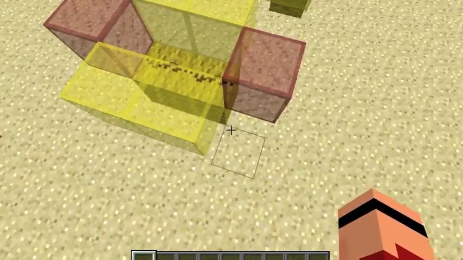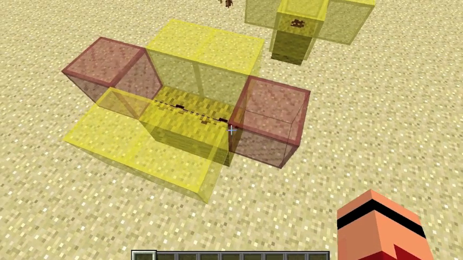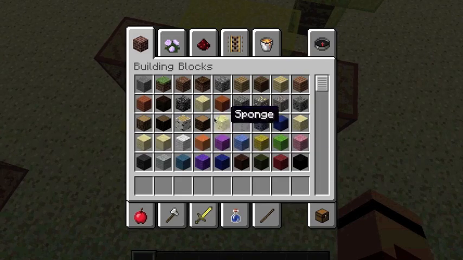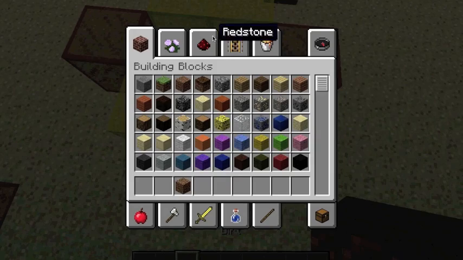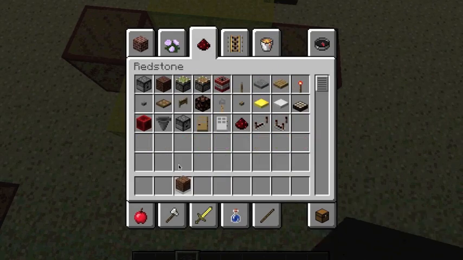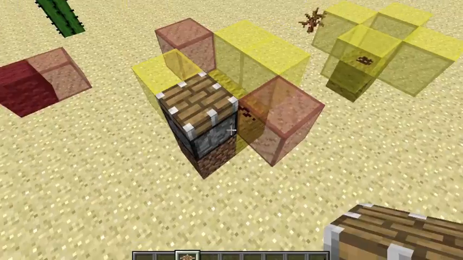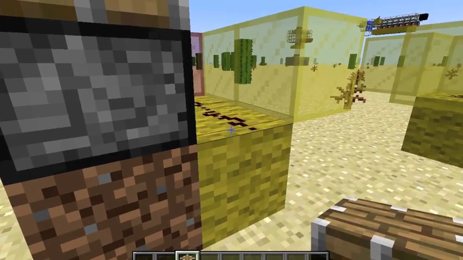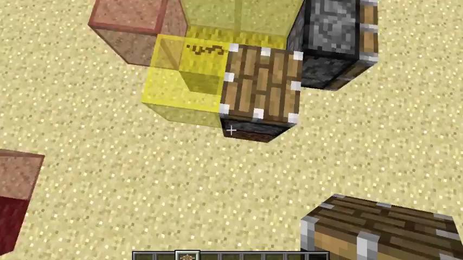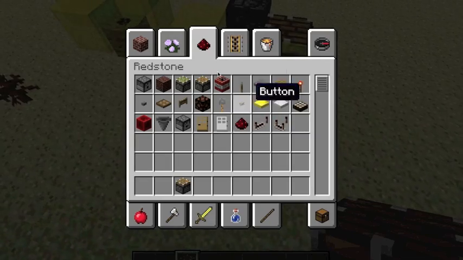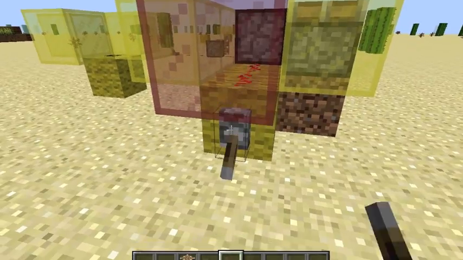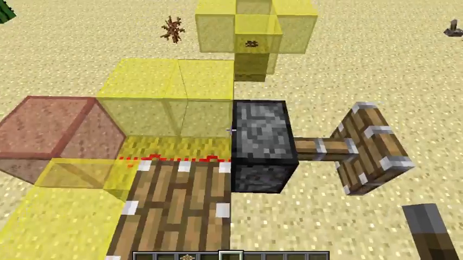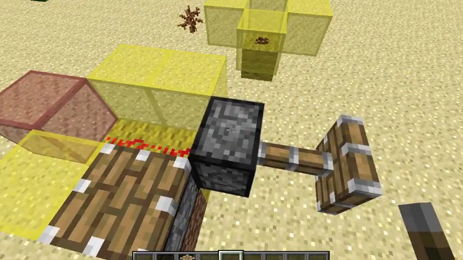So, for example, hang on, I need to place dirt down. If I were to place a piston here, and a piston here, and I forgot my lever. Only one piston's working, and that's where the power is directed to.